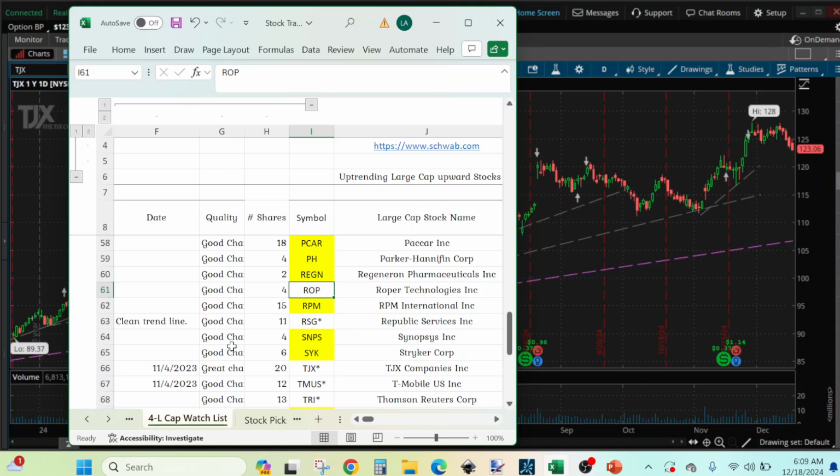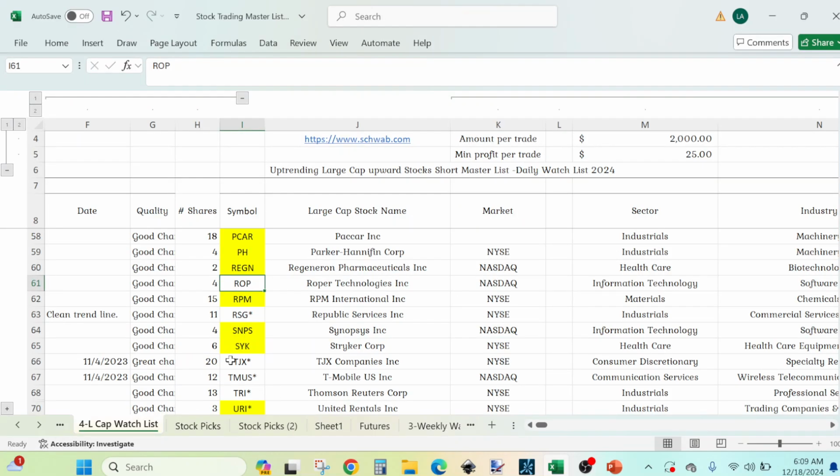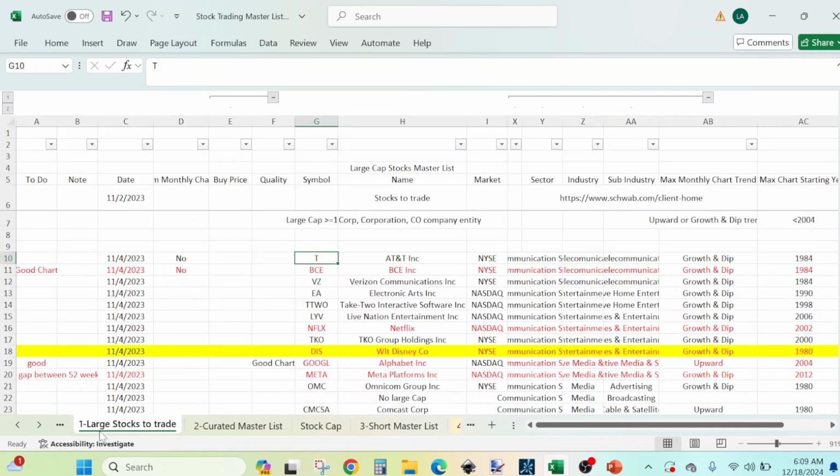It's good to have a watch list that you can just trade from, and you can pick a specific stock cap or market cap, and we did large cap, and we have about like 350 or so.